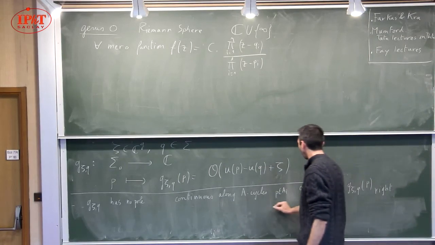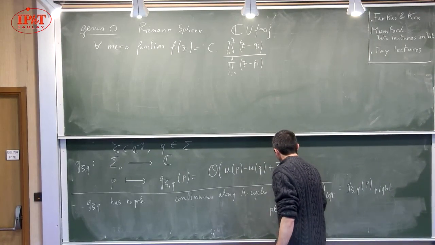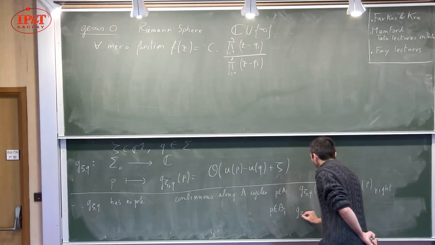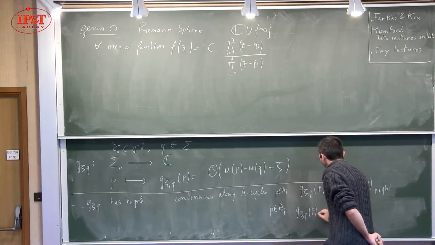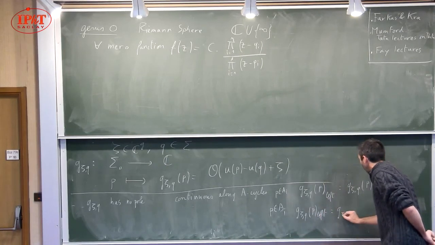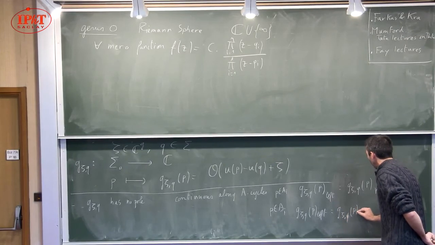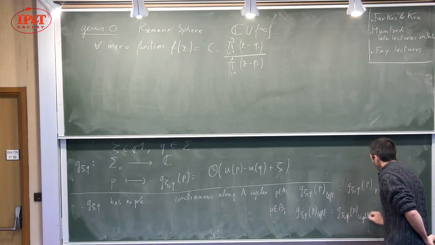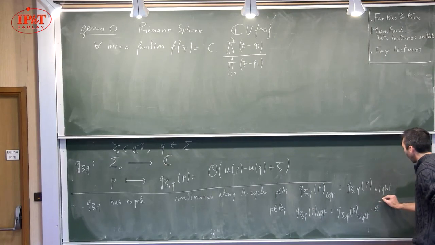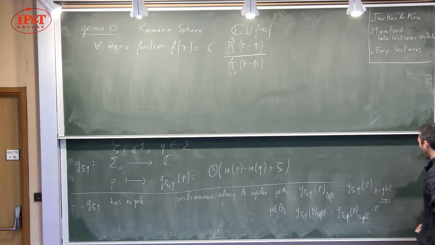whereas for B cycles we have g zeta Q of P left equal g zeta Q of P right times exponential minus 2 pi i u_i of P plus 1/2 of tau_ii.